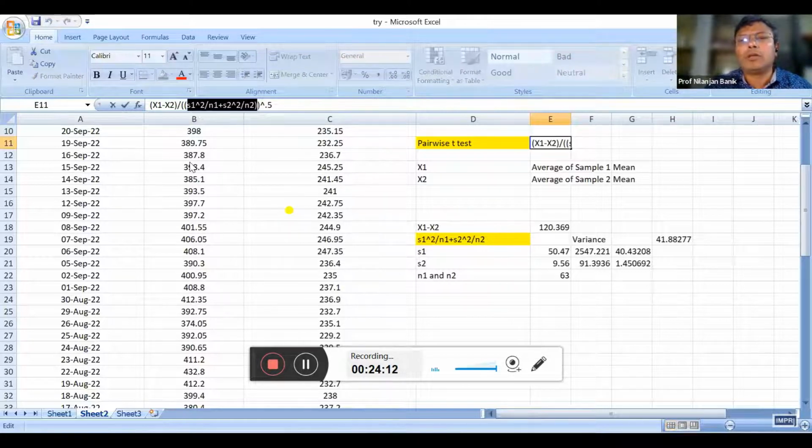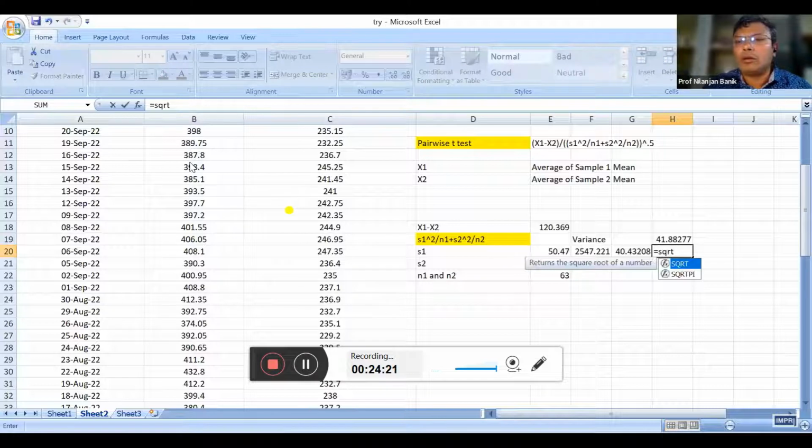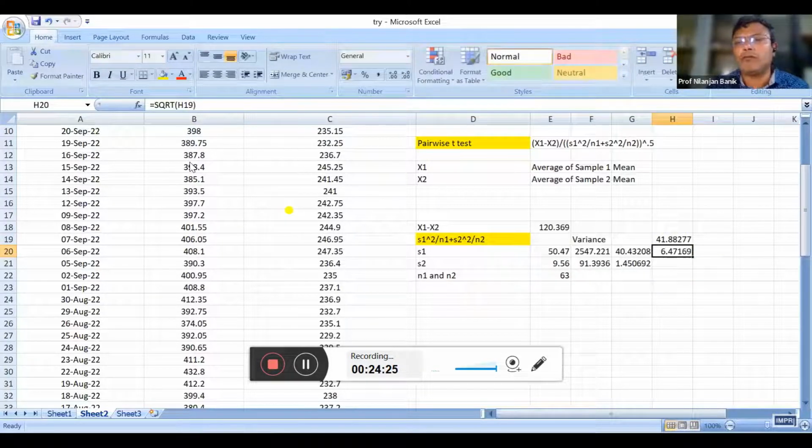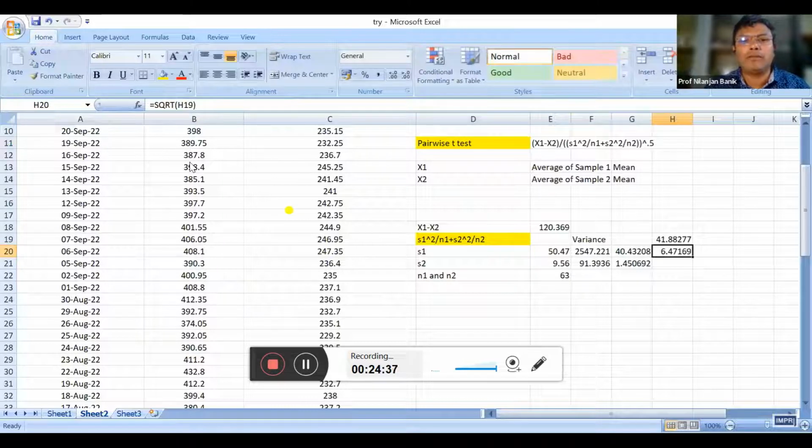We have now derived this number, and the square root of this number, you can write SQRT over this one, is what I get: 6.47. So this big denominator is 6.47. Everyone clear? Any question? Anyone?